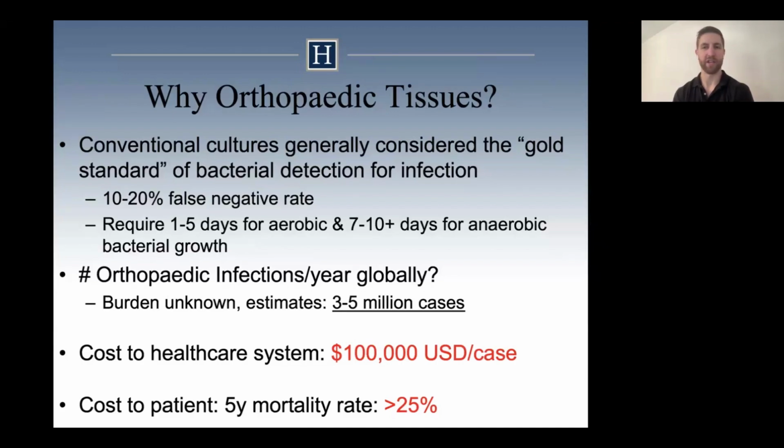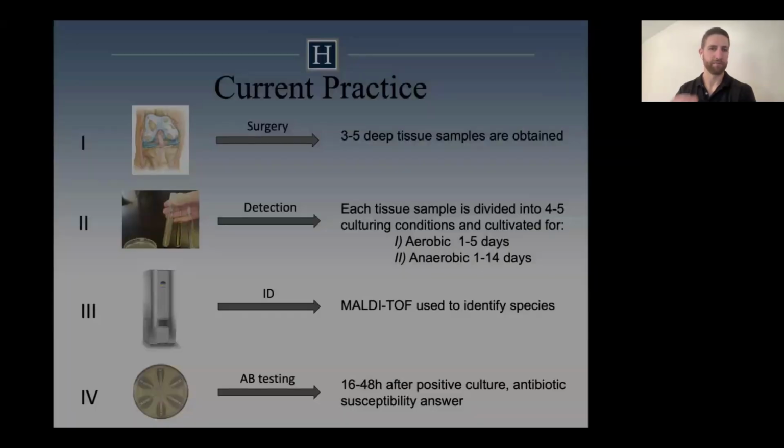And even more importantly than that, the cost to the patient is substantial, with a 5-year mortality rate upwards of 25%, depending on the type of infection that we're dealing with within the orthopedic space. So it's a substantial burden that we thought we could do something to improve, and maybe see if we can help with the overall outcomes of these patients by improving time and accuracy.